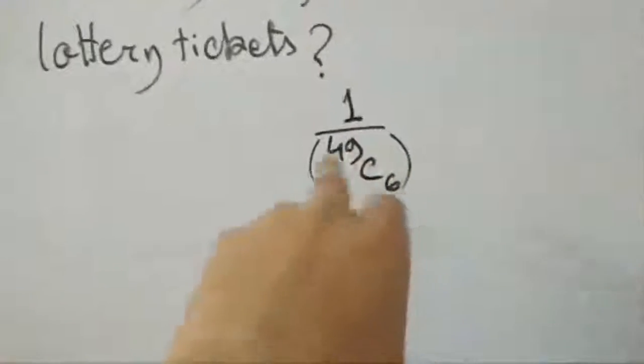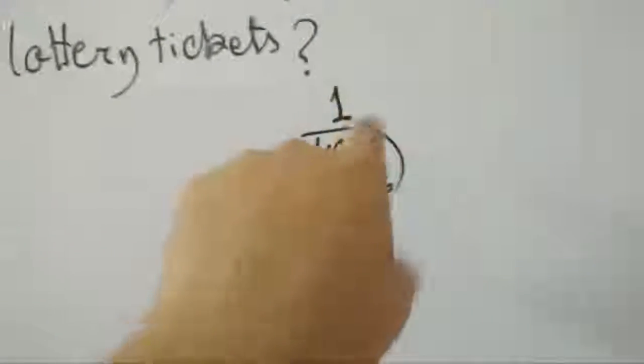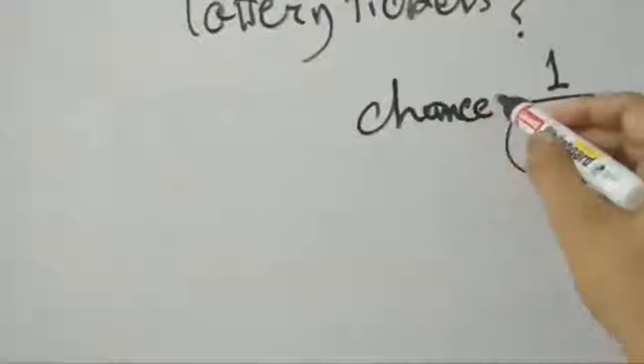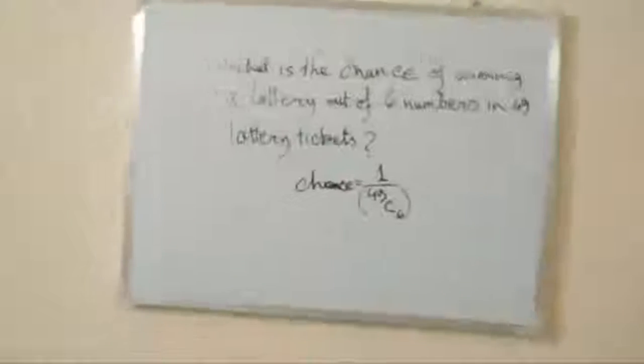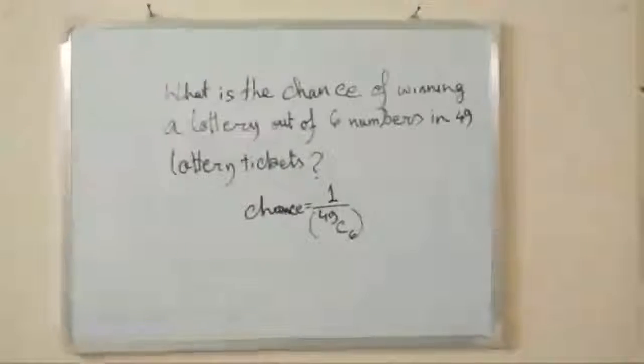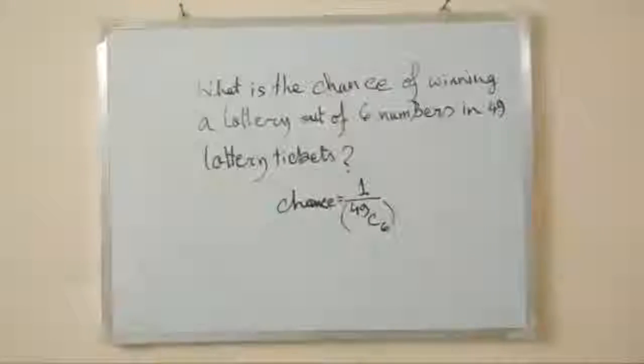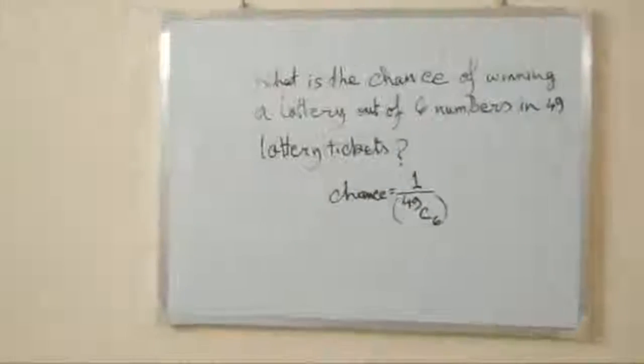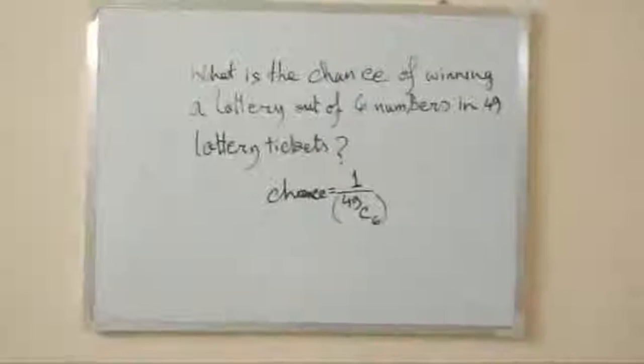So these are the number of ways we can pick six tickets, and out of which only one ticket can win. So this is the probability, this is the chance. Okay, so this is the answer. This problem is directly linking to the problem of probability. So the next session will be on probability. I hope Deepak has understood this. It's very simple actually, if you understand this.